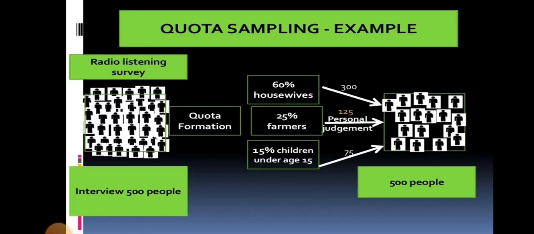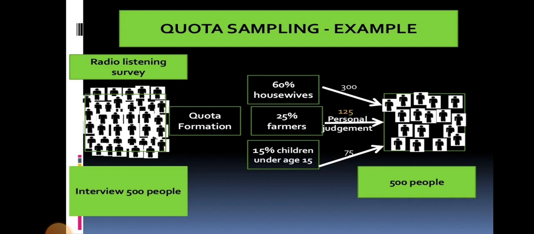In this quota sampling example, there was a radio listening survey in which the interviewer interviewed 500 people. As per the quota information, it was categorized into three subheadings: housewives at 60%, farmers at 25%, and children under age 15 at about 15%.